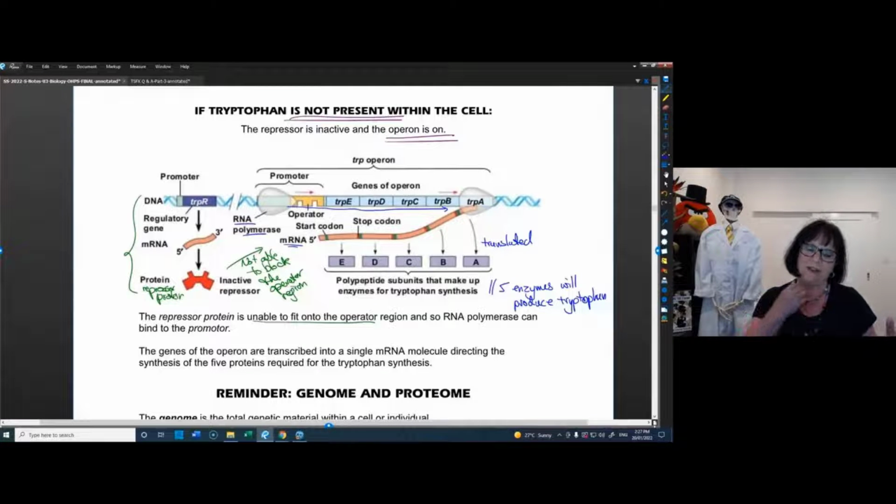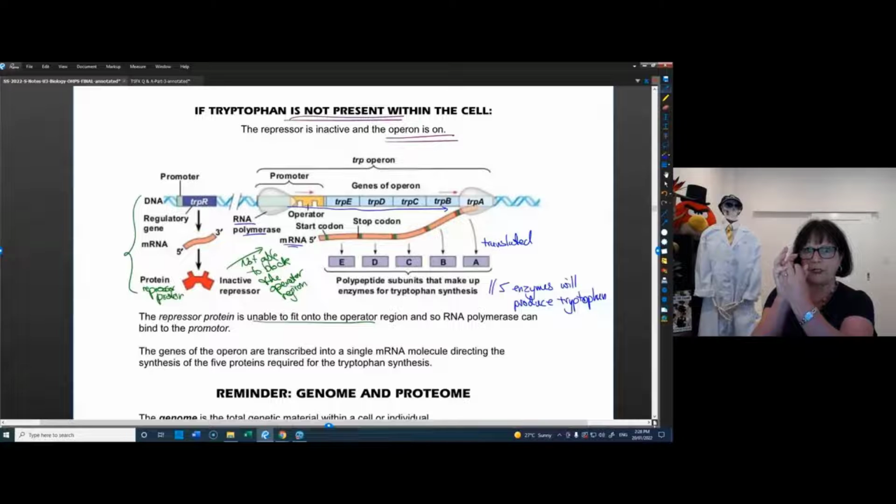So here we have an example of understanding what a gene is: promoter, coding region, terminator, but also understanding there's this section called the operator. And if a repressor protein blocks the operator, transcription can't happen.